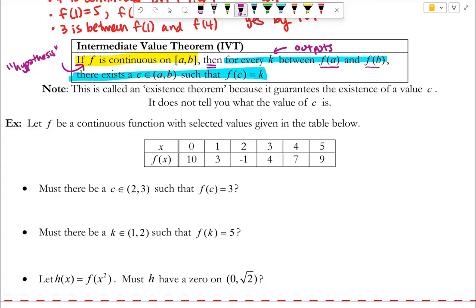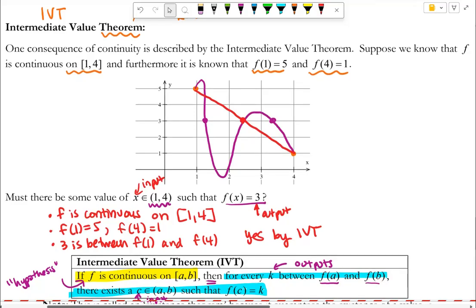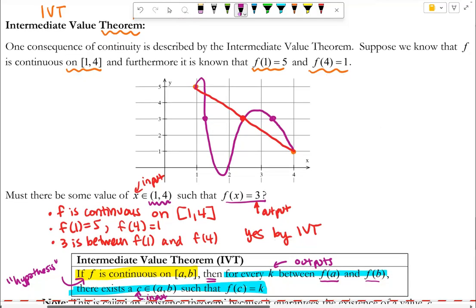So for every output, there exists a c on the open interval a to b. That's going to be an input, it's like an x value, such that f of c is equal to k. So I realize it looks really confusing when you read it like that, but if we go back to this graph, we said we know without a doubt that f of 1 is 5, f of 4 is 1.